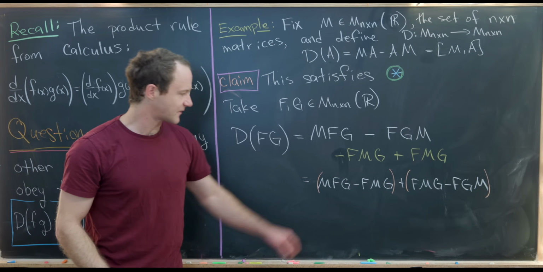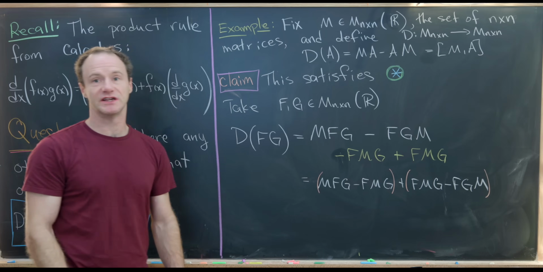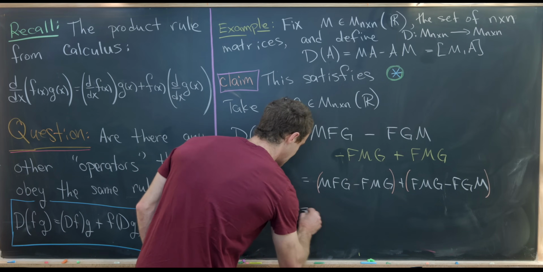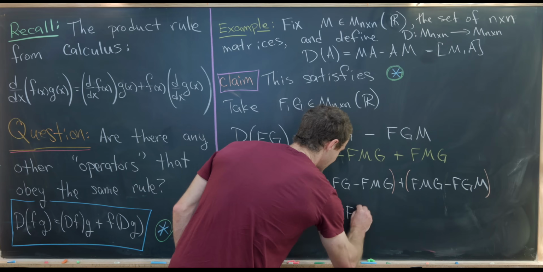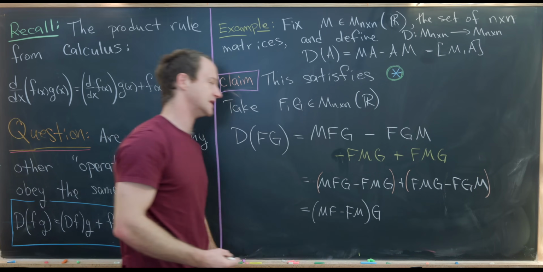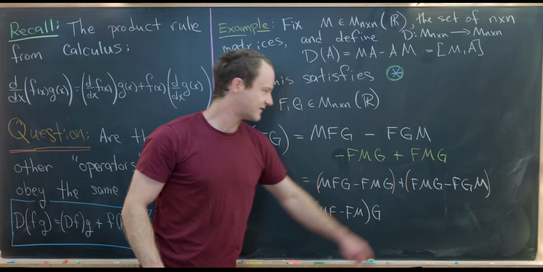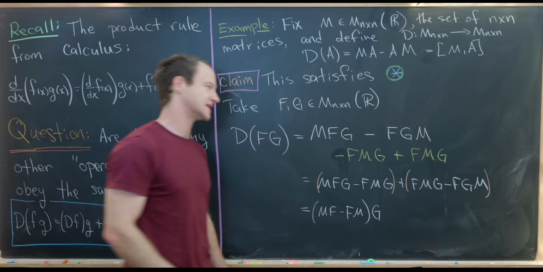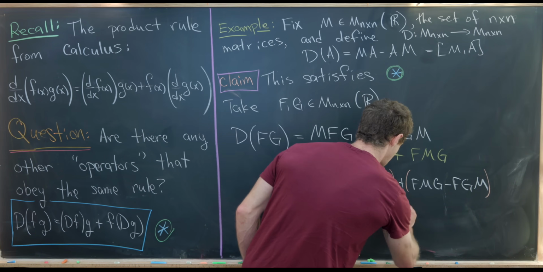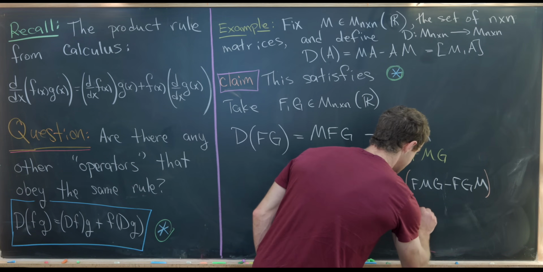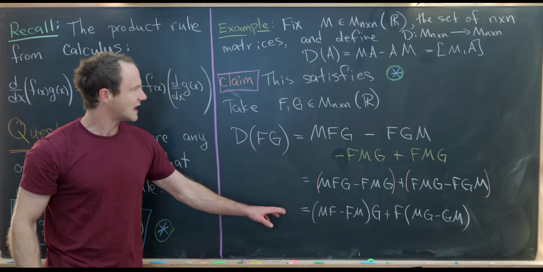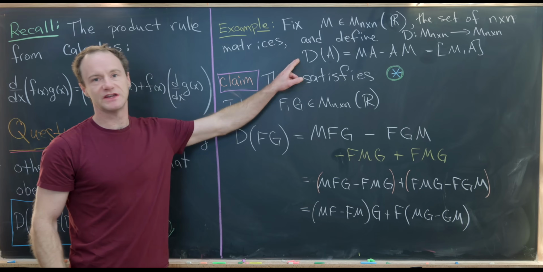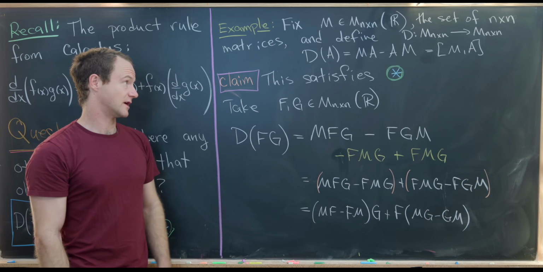Let's look at these first two terms and notice that we can factor a G out of the right-hand side. That leaves us with MF minus FM times G. Likewise, we can factor an F out of the left-hand side of the second two terms. That leaves us with F times MG minus GM. But now let's go up and look at our definition of the D operator.